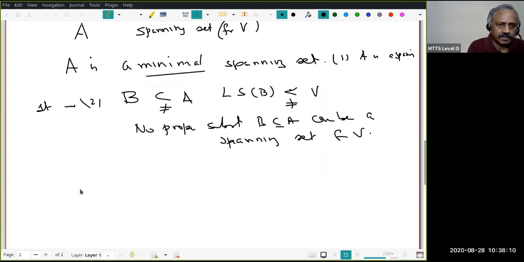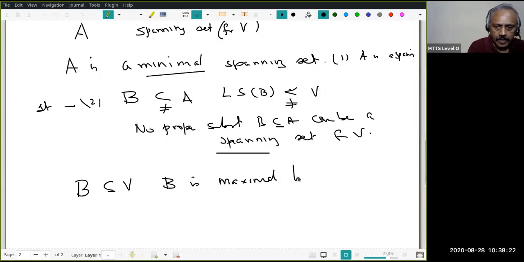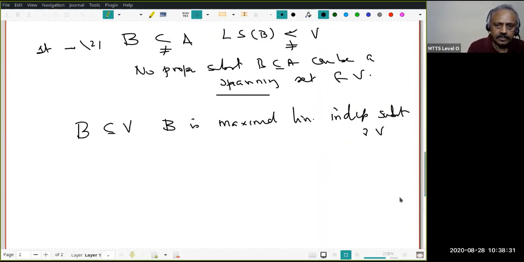Now, let us look at B. This is not this B, this is something else. B is a subset of B. When do I say B is maximal linearly independent? Again, the first condition is B is linearly independent, in B. That's the first condition.